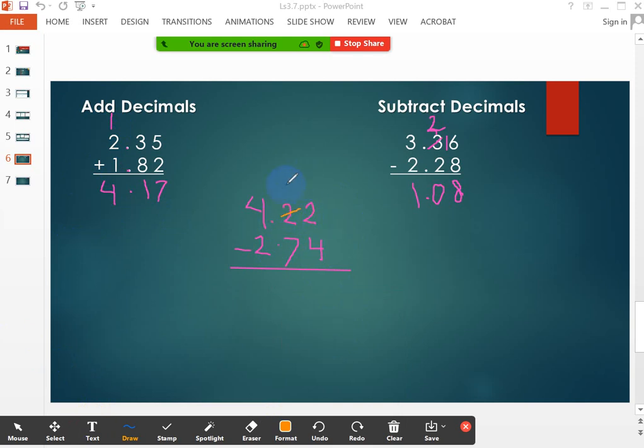I will borrow from the 2, so it will be 1, and take this 1 and put it next to the 2, so it will be 12. Thank you, girls, for answering me. Now 12 minus 4, Wajd. 8. Very good, Wajd. That's correct. So it will be 8.